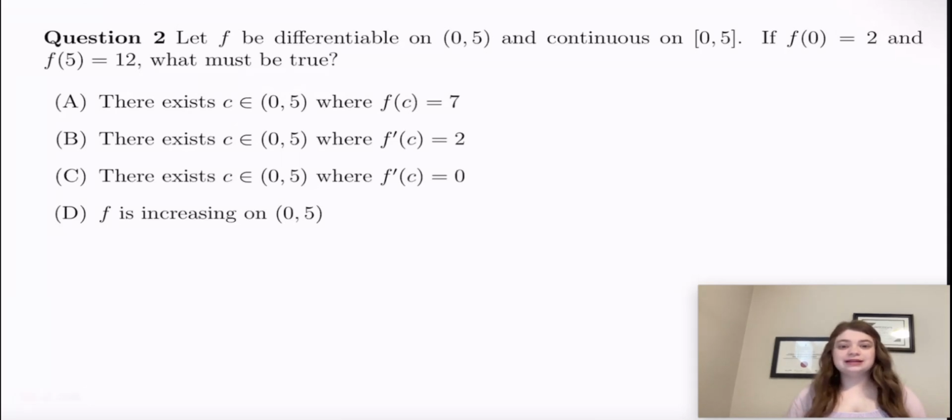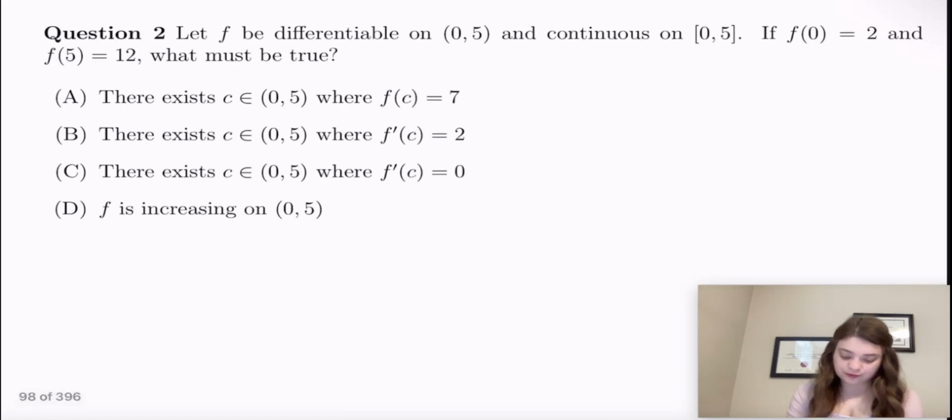Question 2 asks, let f be differentiable on 0 to 5 and continuous from 0 to 5, closed. If f of 0 is equal to 2 and f of 5 is 12, what must be true? All right, so here they're confirming first that the requirements for the mean value theorem are indeed met, since they said we're differentiable from here to here, we're continuous from here to here, so that's fantastic.